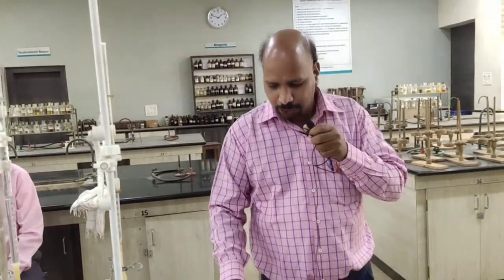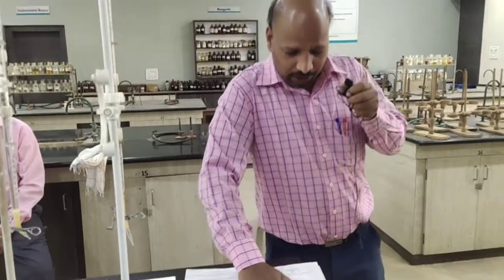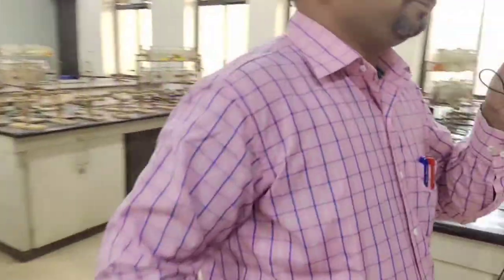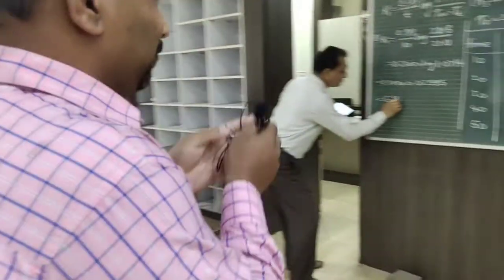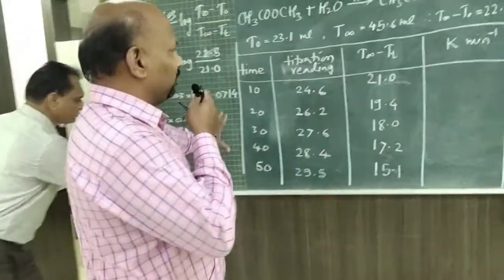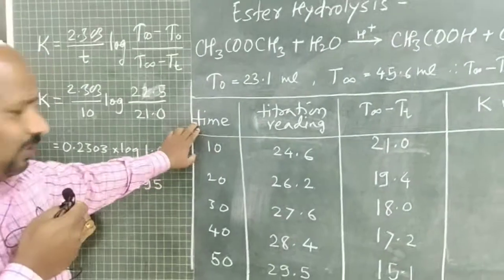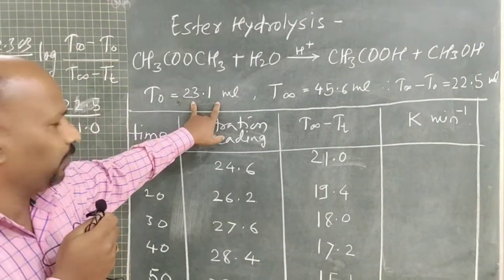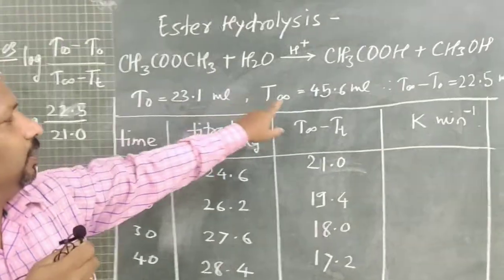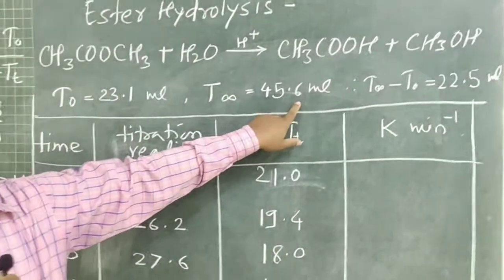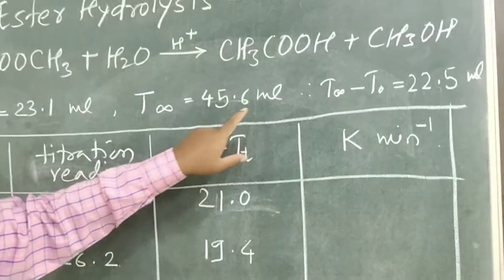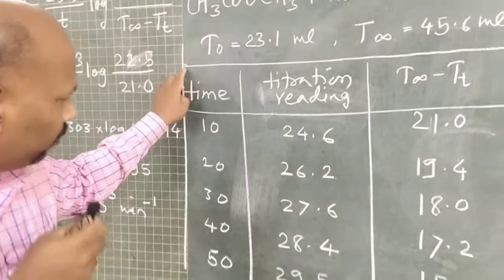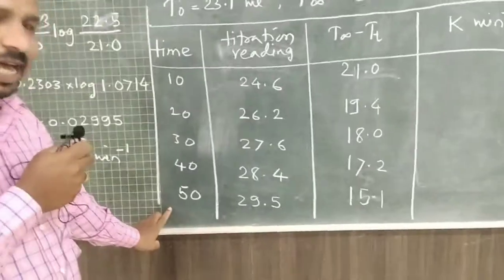Okay, so your observation table is going to be created like this. You have to mention the time. First, we are going to take the T0 reading, that is 23.1 ml. We got this reading. You know how to find out this reading, or we are going to provide that reading. Then in the observation table, you have to mention the time interval.